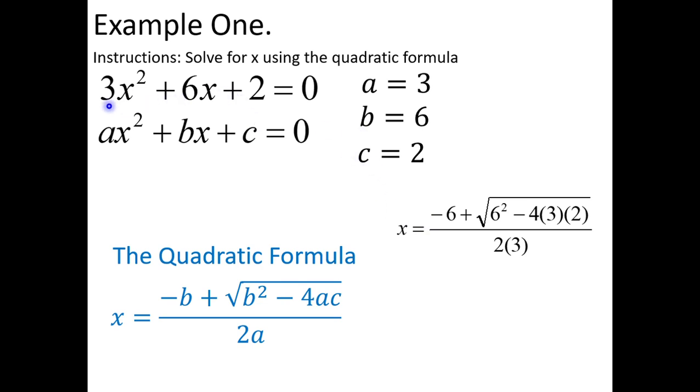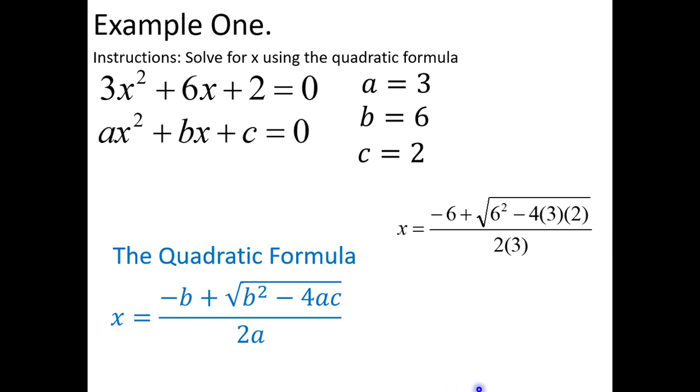Because in this particular equation, the b is a 6. So 6 goes here. 6 also goes right there, right? Because that's where the b's go. And the last two, in this position here, whatever a is, you put the number that a is right there, because we're following this formula. It's a plug-and-play formula. We know where to plug in the numbers. So you can memorize what the formula looks like or have it in front of you, and you just place the number where it's supposed to go.